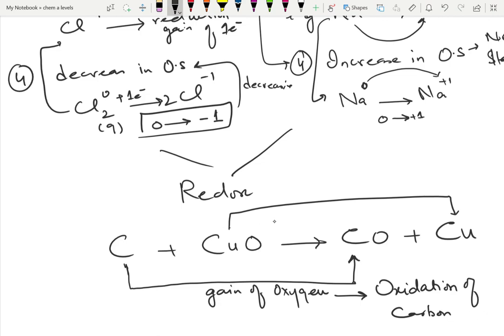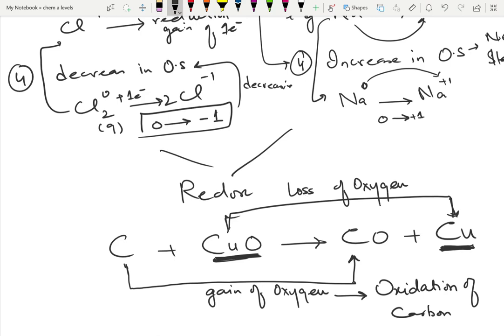Now let's talk about what is happening with copper oxide. Copper 2 oxide is being reduced to copper because there is loss of oxygen taking place. We have to compare the left side with the right side to find out what change is happening. The change is that it is copper oxide here, whereas it is copper here.